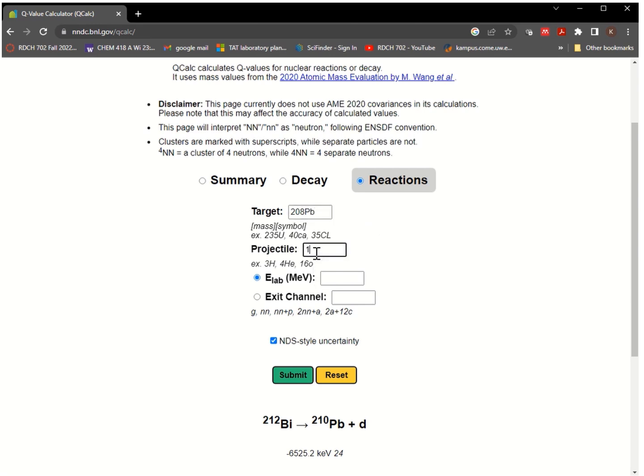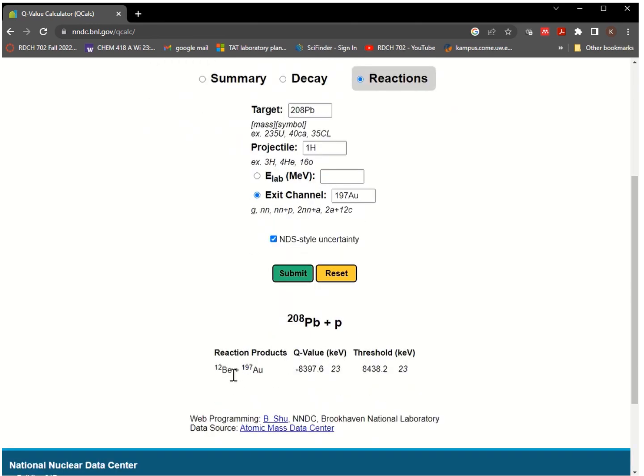Let's start off by just hitting it with a proton. And let's say I want to make gold-197. That's the stable isotope of gold. All right, so lead plus a proton, beryllium-12, and gold-197 could be products. The Q value is listed here. And the threshold energy, which we'll describe later in the course, is listed here.